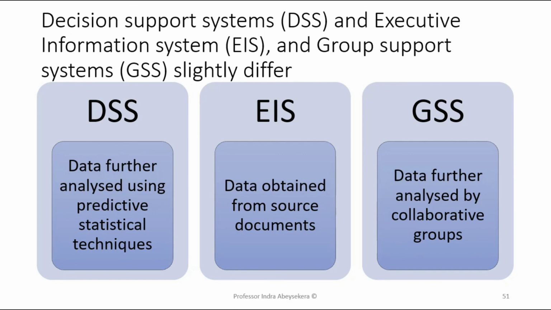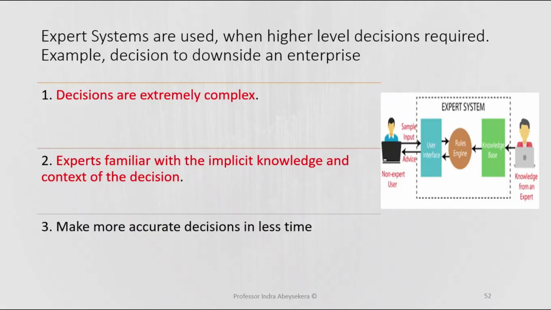Decision support systems analyze data for predictive purposes. Executive information systems obtain data from source documents for analysis. And group support systems analyze data using collaborative groups.